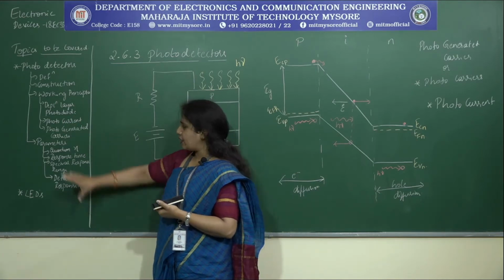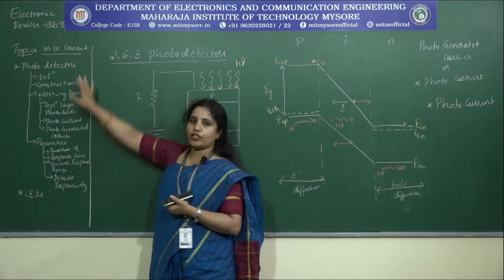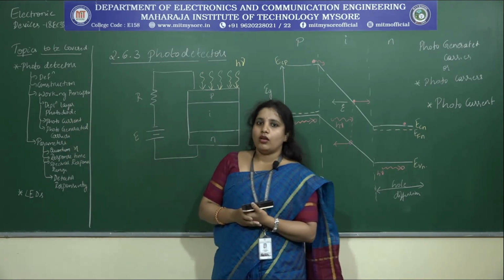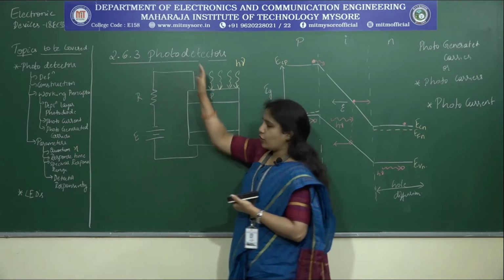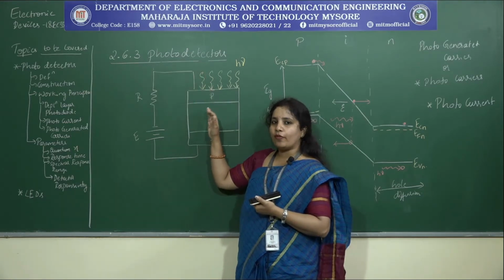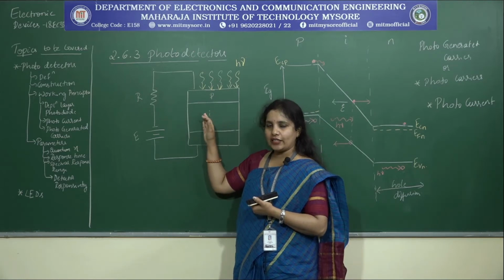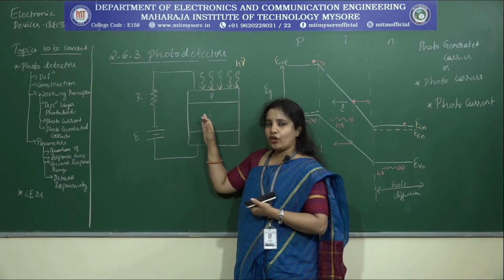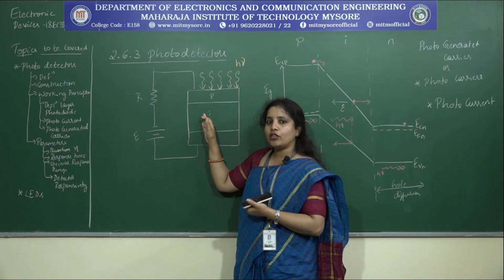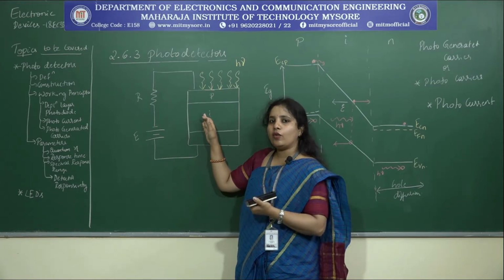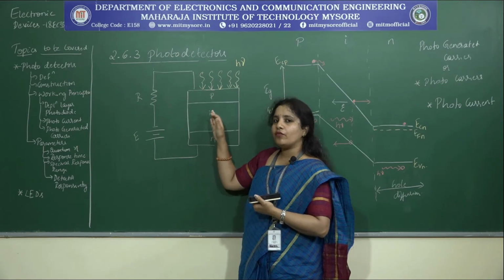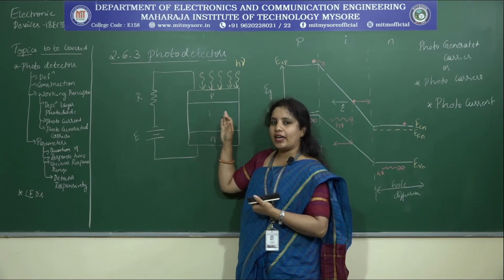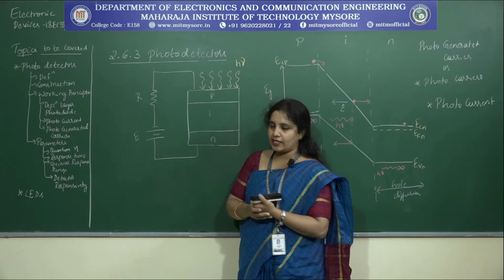We need to understand certain parameters related to the photodetectors. Now, as I know, this device is meant to detect light energy. Is it not important for this device to detect the light when the intensity changes? That means, is it not important for this device to detect light energies of different intensities?